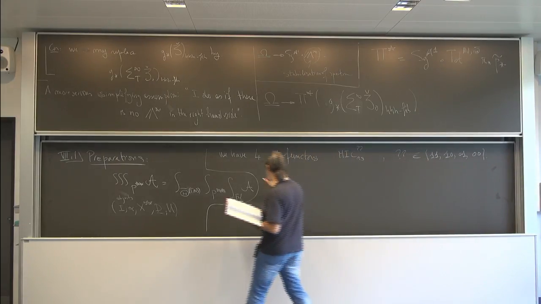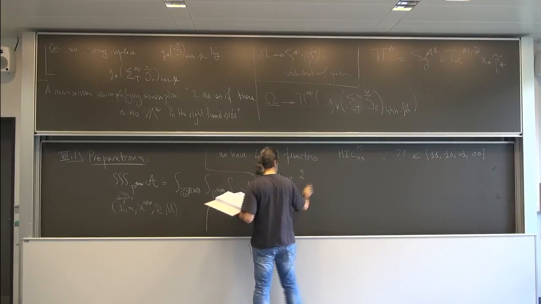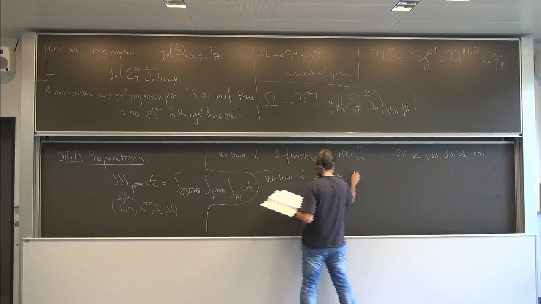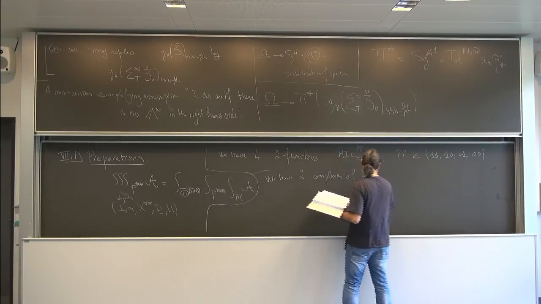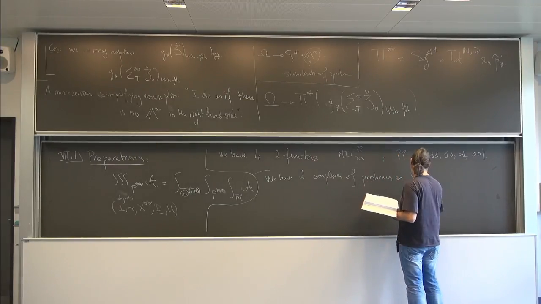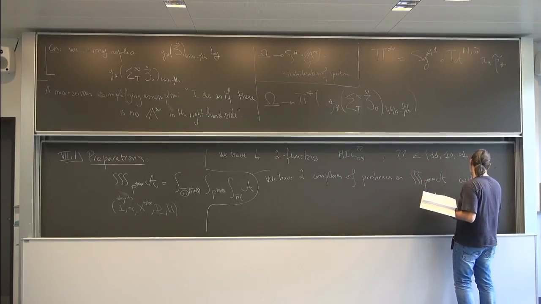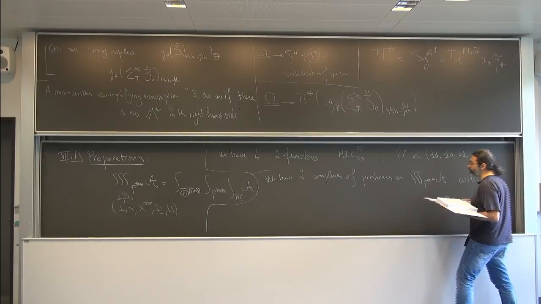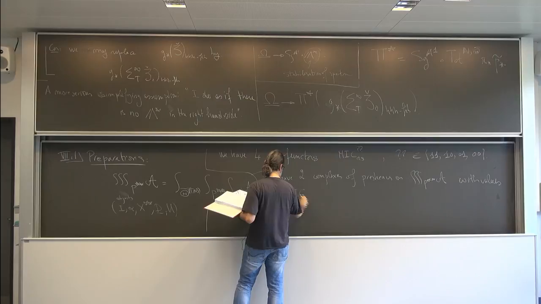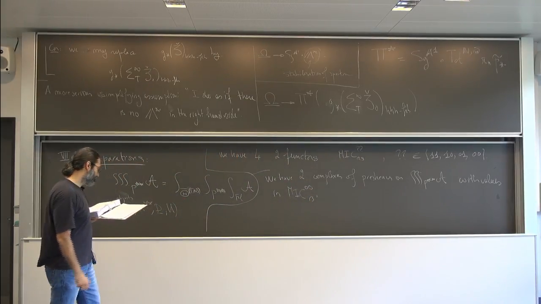And so we have 2 complexes of presheaves on this category with values in make 0 0.